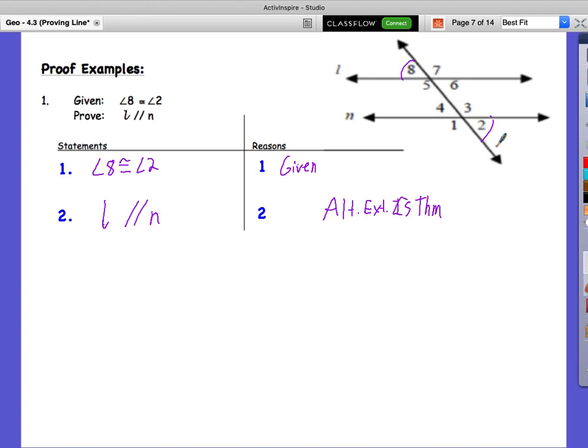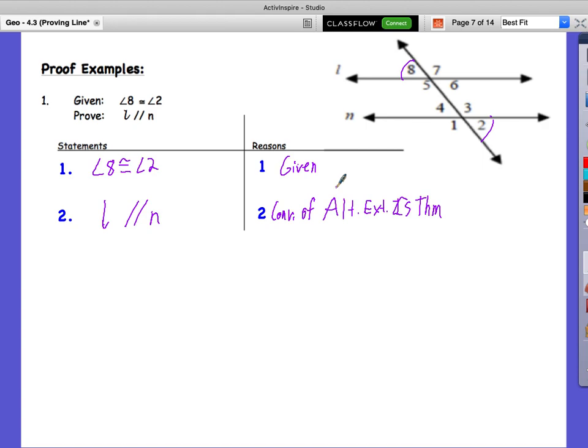So what goes the other way? The converse of the alternate exterior angles theorem. Because we're proving lines parallel, we have to say it's the converse. The regular theorem proves angles congruent, because it's talking about angles. The converse proves the lines parallel.